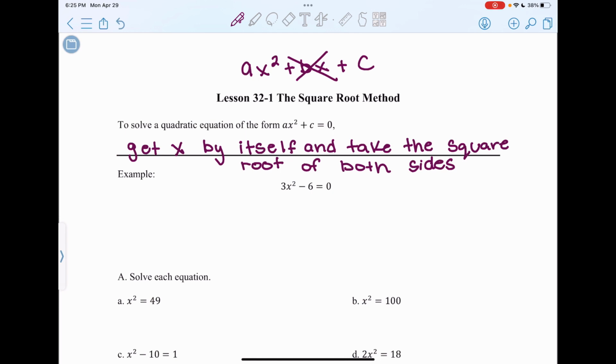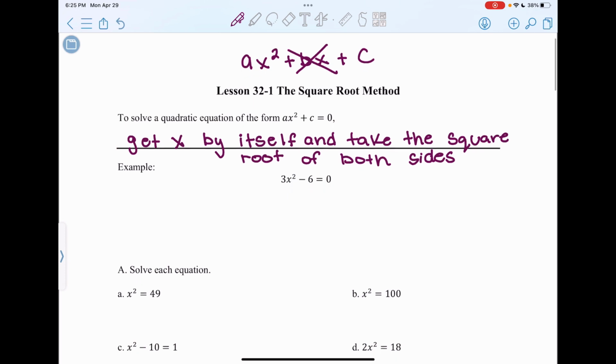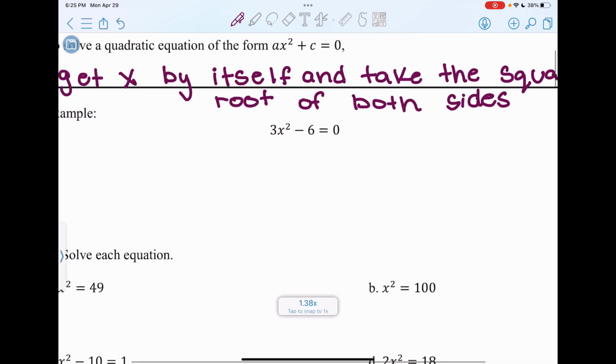And so our strategy is going to be to get x by itself and then take the square root of both sides. So in this example here, I have 3x squared minus 6 equals 0. Because remember, we are looking for the x values that make our equation 0, because that's where the x-intercepts occur.